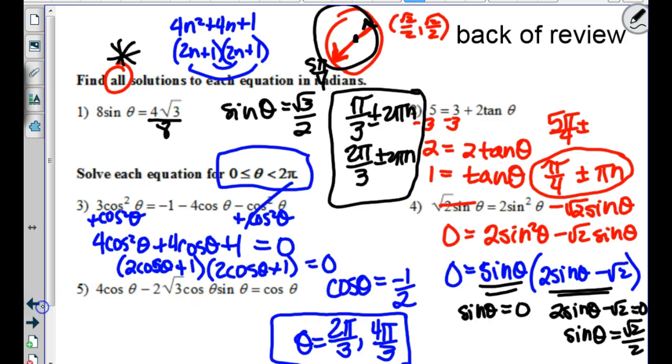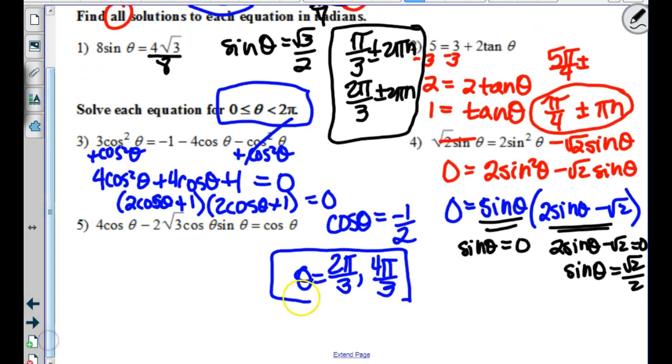Too fast? Lost half of you? No? We okay? What's happening? Okay, where's the sine 0? Remember the direction, 0 to 2 pi? It says less than 2 pi, not including. So it would be 0 and pi, not including 2 pi.